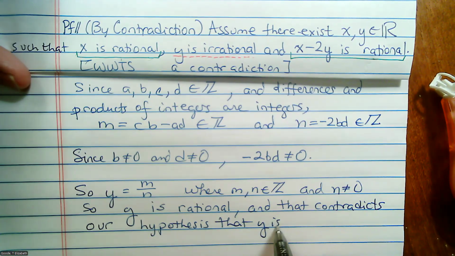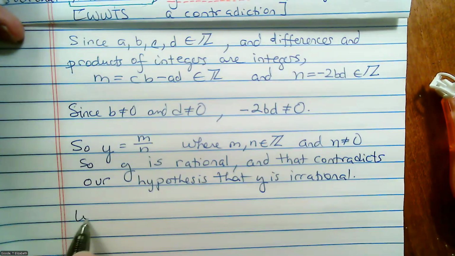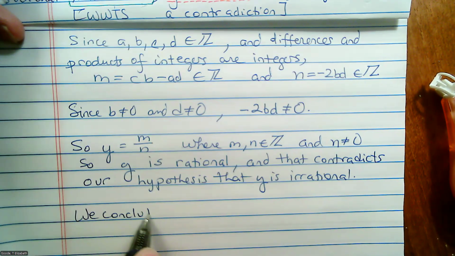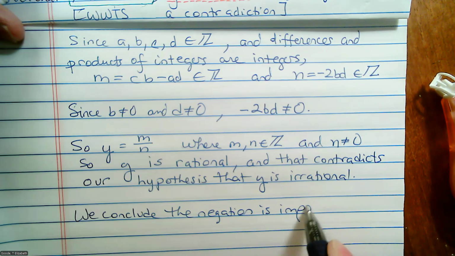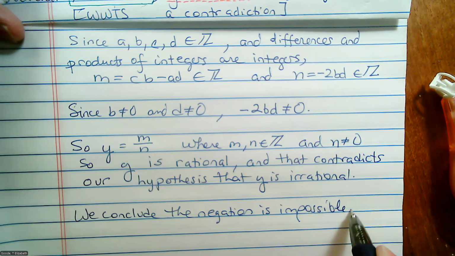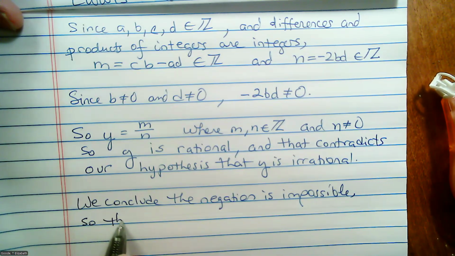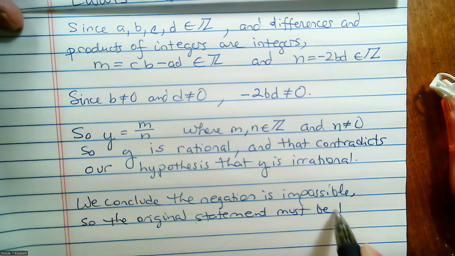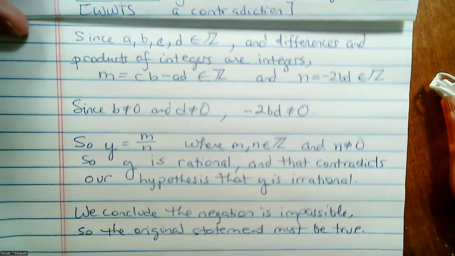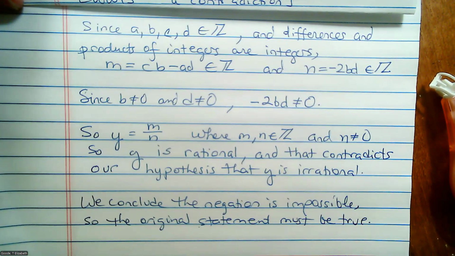You ready? All right. So we conclude the negation is impossible, so the original statement must be true. And this is one of those that you really can't do by contrapositive.